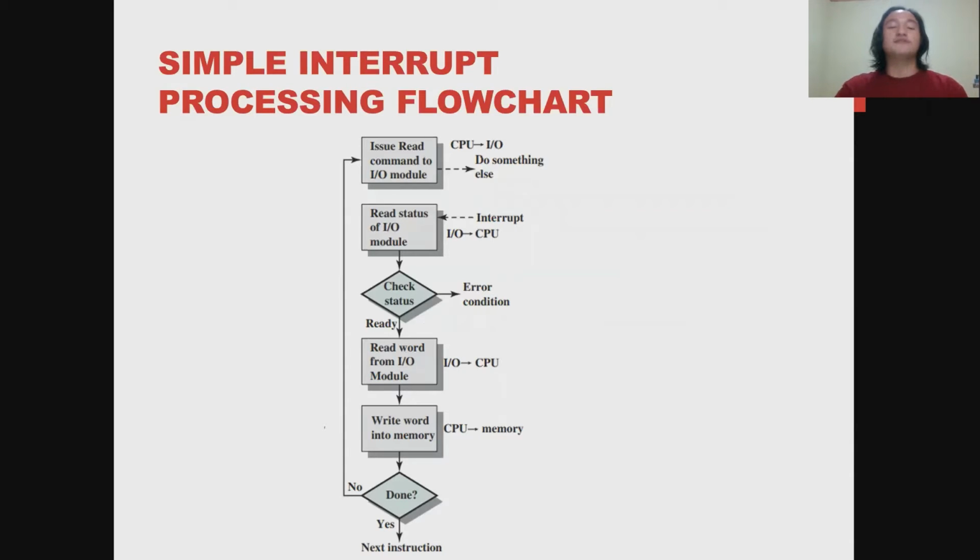Simple interrupt processing flowchart. A device driver initiates an input-output request on behalf of a process, and then the device driver signals the input-output controller for the proper device, which initiates the requested input-output. The device signals the input-output controller that it is ready to receive input, the output is complete, or that an error has been generated.